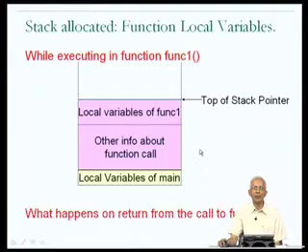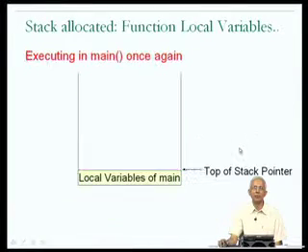What happens when func1 returns, in other words you come to the end of func1, is that the information on the stack related to func1 can be removed, and we're back to the situation as it was in main before func1 was called. In other words, the local variables of main are once again freely accessible. So this is a very simple picture to illustrate the idea of stack allocation, which is what is used for function locals and parameters, or any kinds of data whose lifetime is the execution of a function.